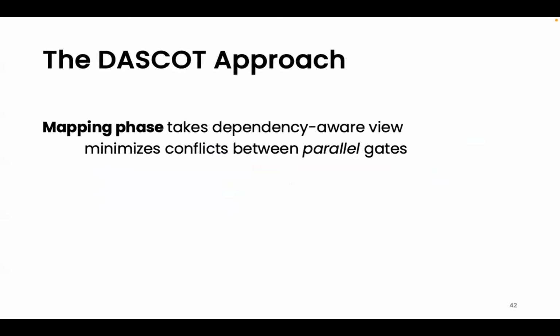So this is a problem that we tackle in a tool called DASCOT, which breaks this up into two different phases. So in one phase, we have this mapping where we're trying to decide where to put the qubits on our device. And we do this in a dependency-aware way, trying to predict which pairs of gates are likely to conflict.